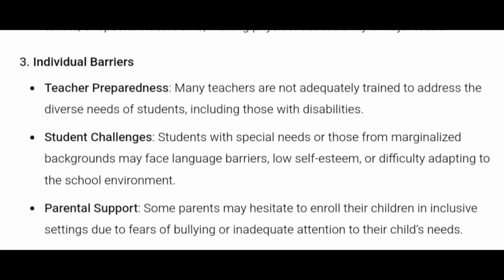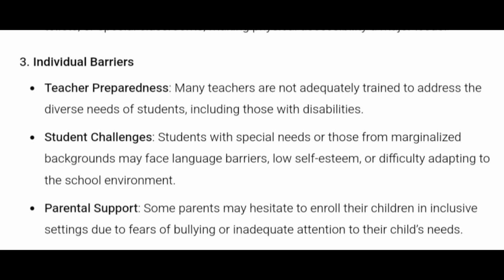They might not be well equipped with the technologies and resources they should be using while dealing with such children. Students' challenges. Students with special needs or those from marginalized backgrounds may face language barriers, low self-esteem, or difficulty adapting to the school environment.